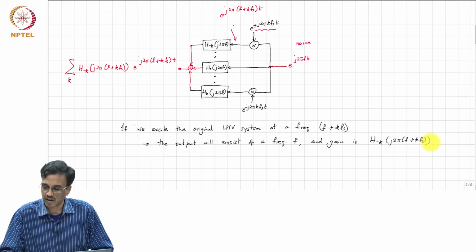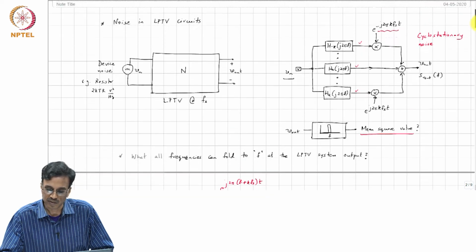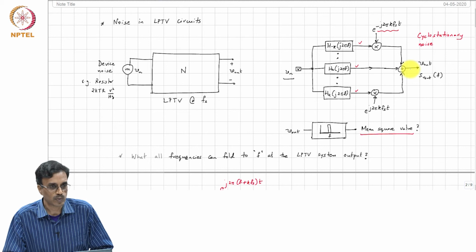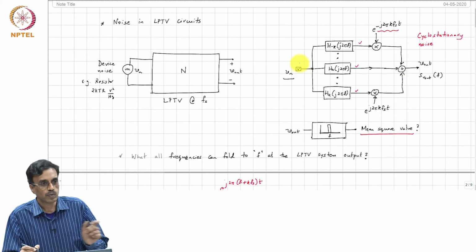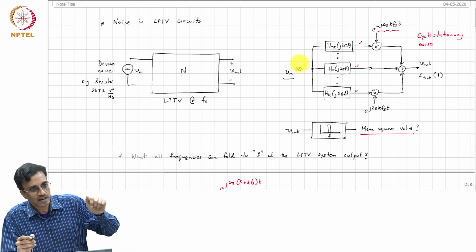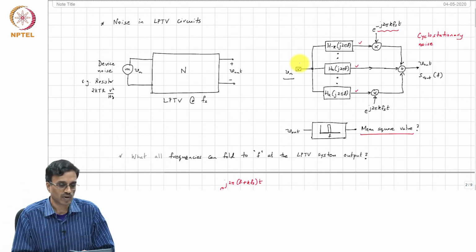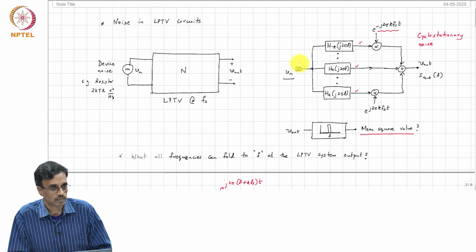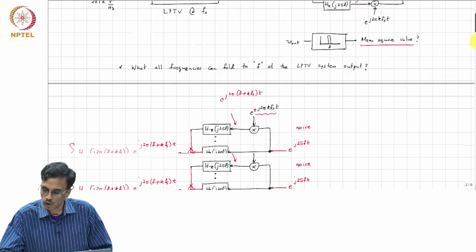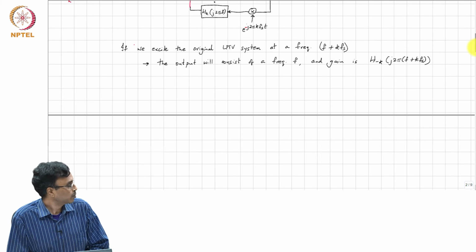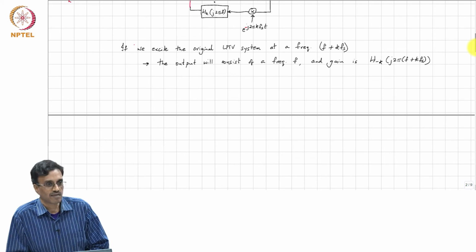Intuitively this is very convincing, right. If you put f plus k fs, the output has to be at f. So, you have to put in an input frequency which is f plus k fs and go through k down conversions to get to the output. So, this is now the gain from an input at f plus k fs to the output.